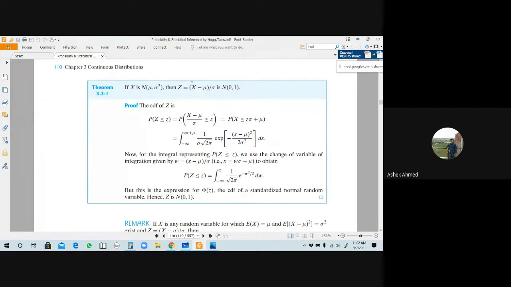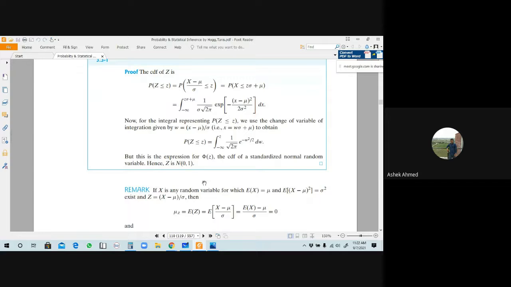And there is a proof. Okay, we do not need to understand this proof because we do not give proofs in your questions, if they want to. Okay, I have already discussed the CDF of the standard normal distribution, it is written here like that CDF, please have a look at it.